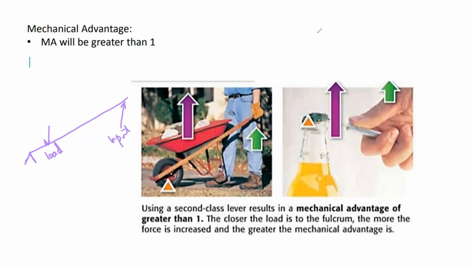When the load is getting closer to the fulcrum, the mechanical advantage will be greater than 1. So in this case, we have only one situation, that the load is between the input and the fulcrum point, and the load is closer to the fulcrum, so it must be greater than 1.